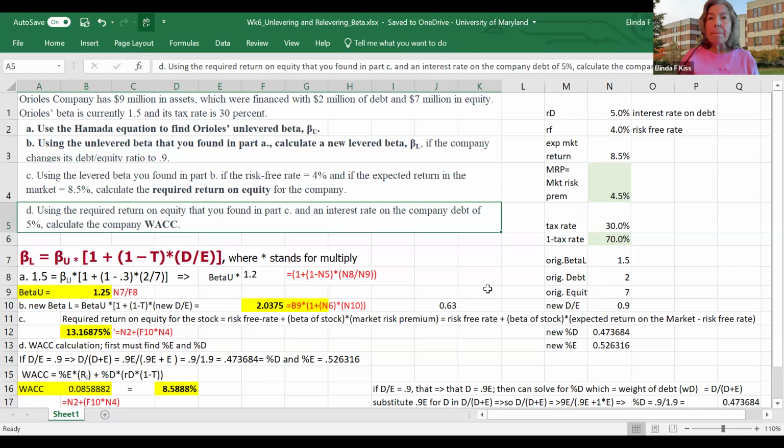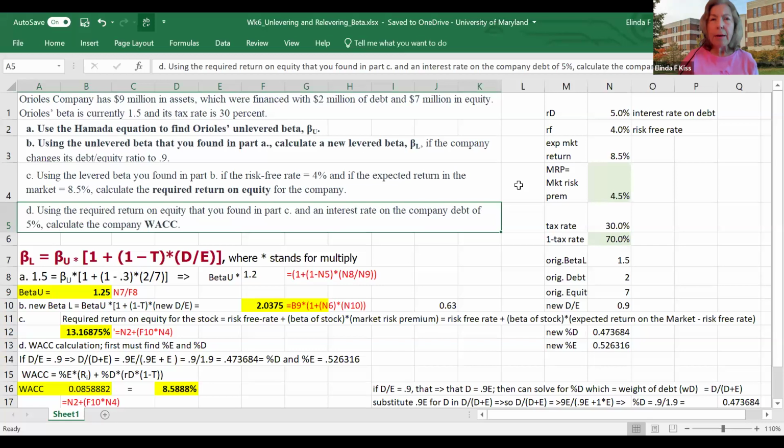When we unlever the beta in rows 8 and 9, we must first calculate what is in the square bracket in our Hamada equation. The corporate tax rate is shown in cell N4 as 30%. So 1 minus the tax rate is 0.7.